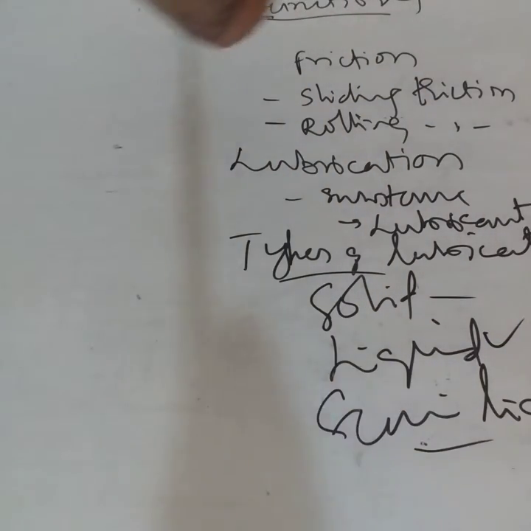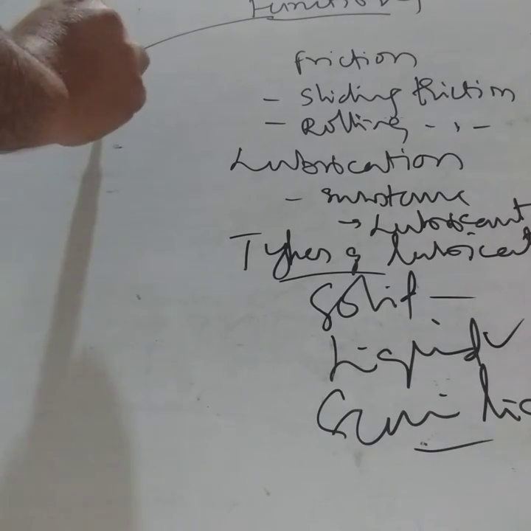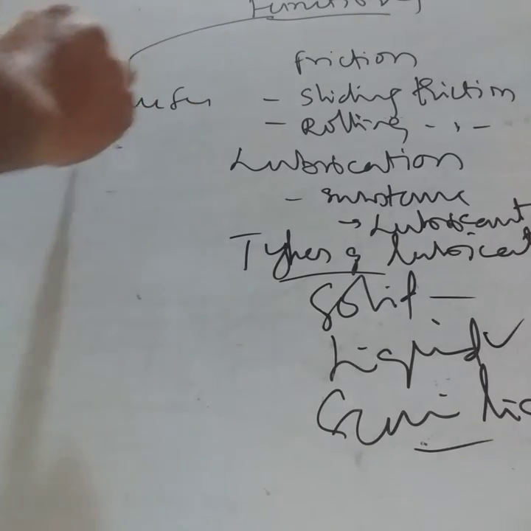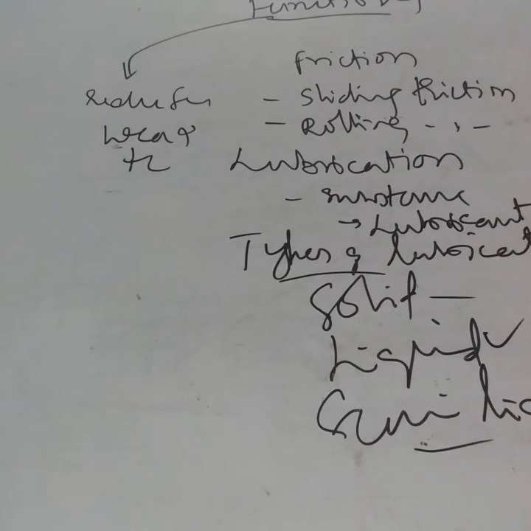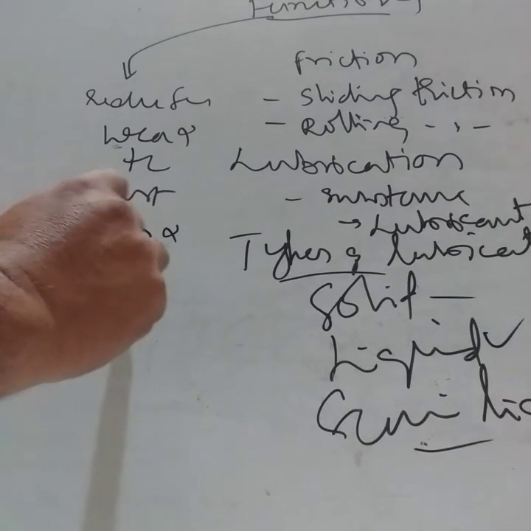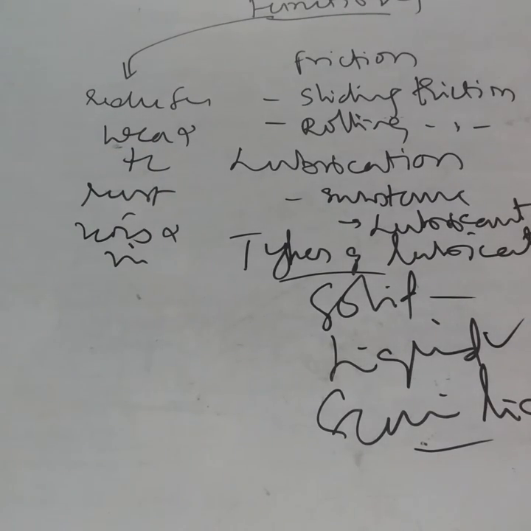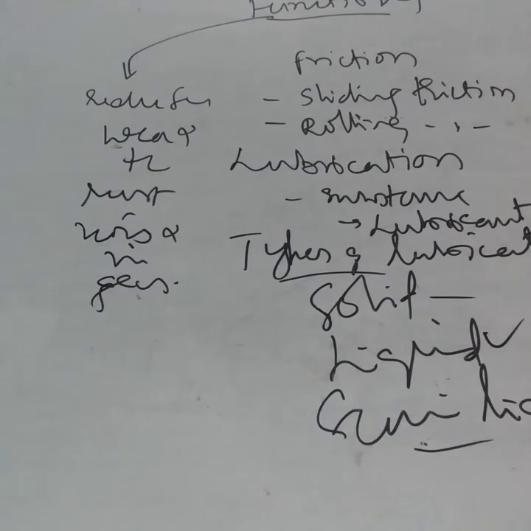The functions of lubricant were to reduce friction, then to reduce wear and tear of parts, then it acts as a coolant, then it protects parts from rust and corrosion, and then it also reduces noise and vibration, and it helps in preventing escape of gases, acting as a sealant.